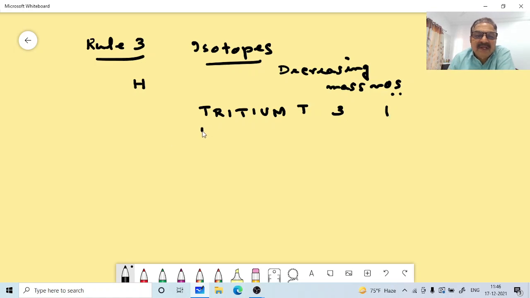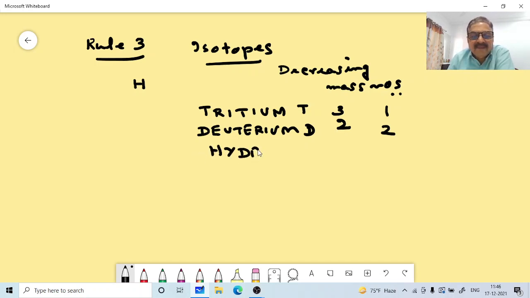Then we have deuterium. Deuterium D, mass number 2, priority 2. Then hydrogen. Mass number is 1, therefore the priority will be 3.